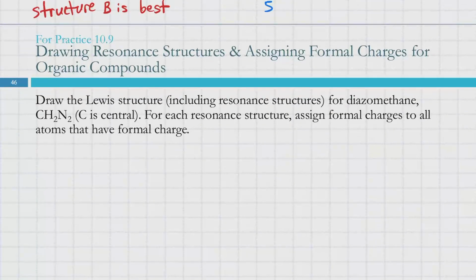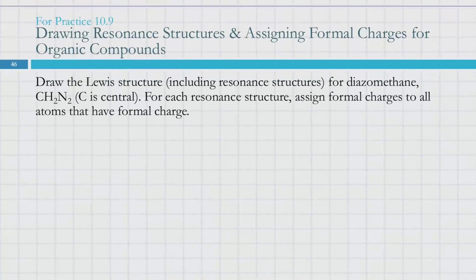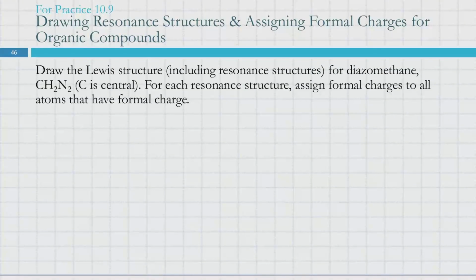And you might think that there's 4 things bonded to the carbon. If you build it that way, you will never get your full octets. So what actually happens is that carbon is in the middle, the nitrogens are stacked, essentially. So this is going to be the structure that we build out.